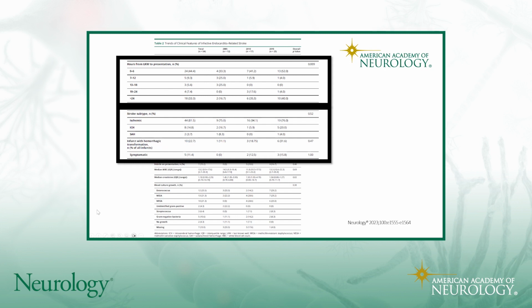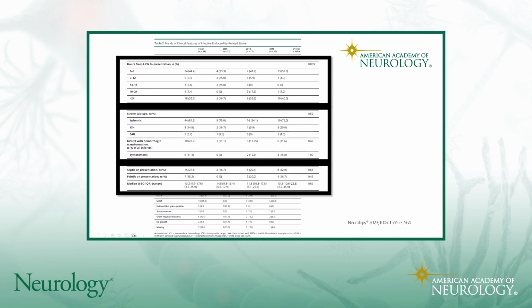Most of these patients, as expected, had ischemic stroke, while about 14% had intraparenchymal hemorrhage and about 3% had subarachnoid hemorrhage. Hemorrhagic transformation occurred in about 22% of all infarcts in this group, and about half of those were symptomatic hemorrhagic transformations. Clinical signs of sepsis were present in only about 27%, less than a third of the endocarditis stroke patients.